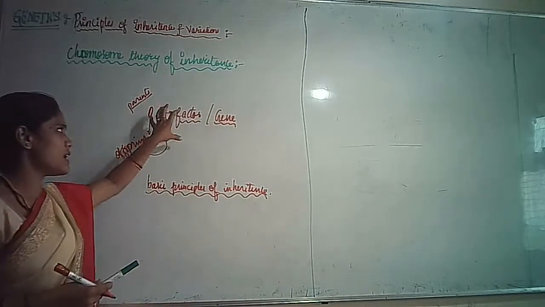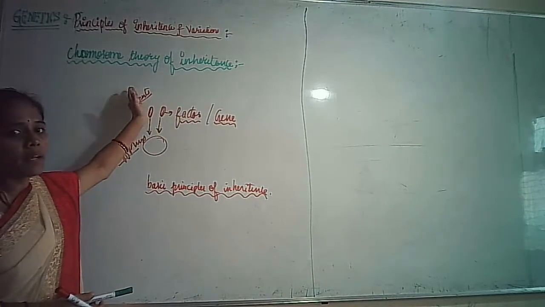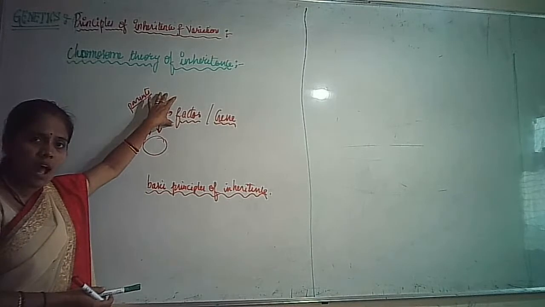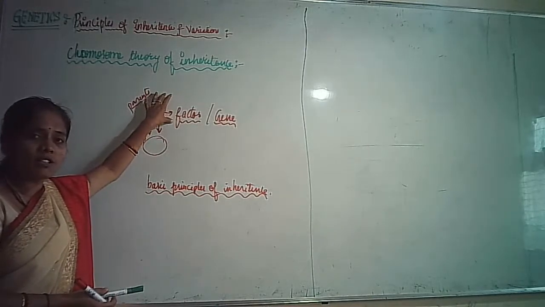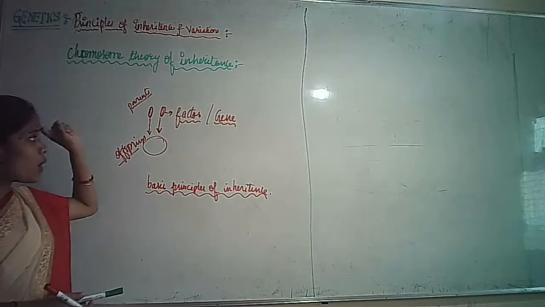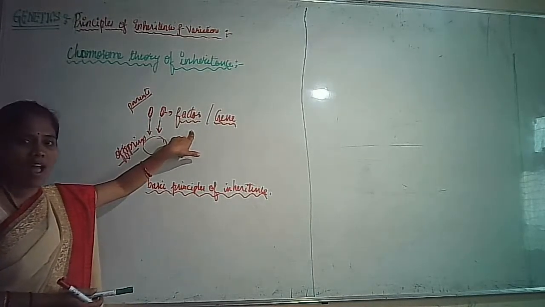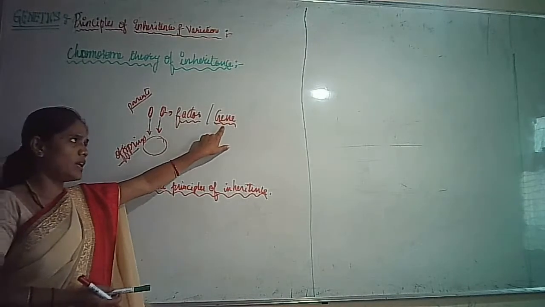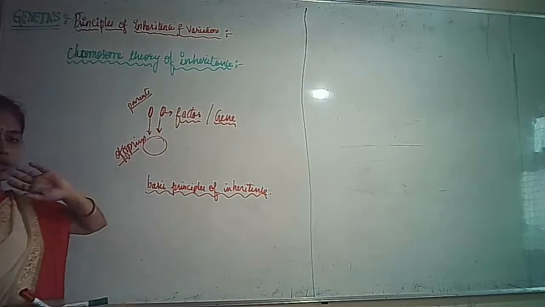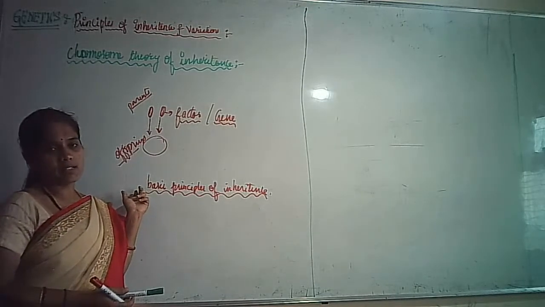Mendel said these are factors transferring from parents to the offspring so that the characteristics pass from one generation to another. Later on, we call it a gene. We should remember these things to understand the chromosomal theory of inheritance.